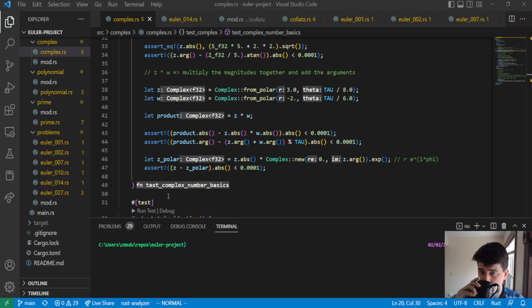Which is kind of interesting in its own right. BD shows up twice and so on.